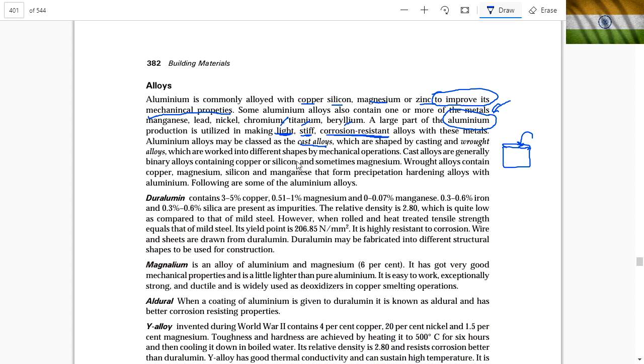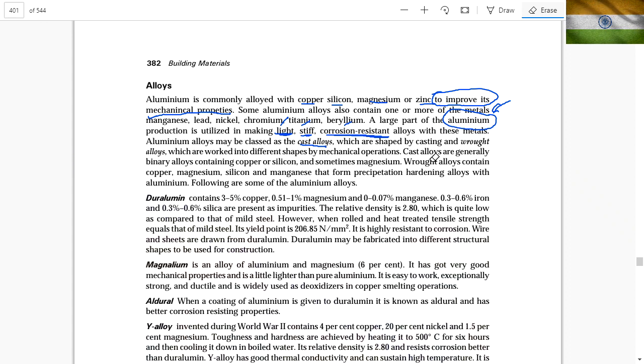Wrought alloys are worked into different shapes by mechanical pressing. As we have the rolling mill, we have the rollers, and we put the plate inside that roller, and then we get what is called rolling, and it is worked by mechanical means.